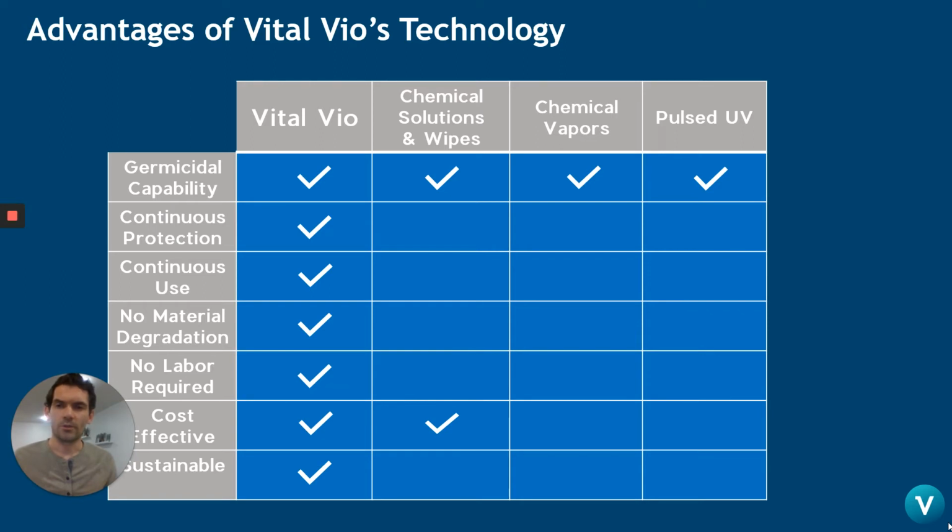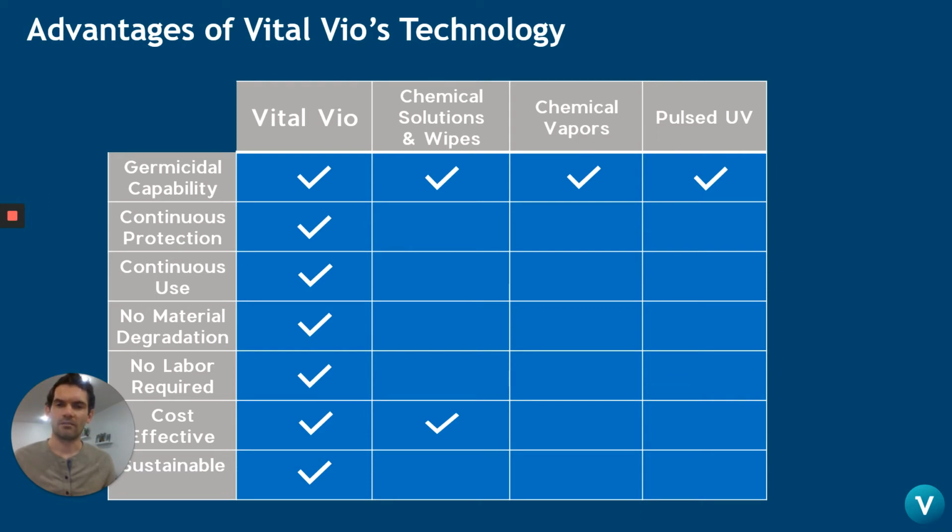Why is it important to have that continuous application? What you can see here is some differentiators between VitalVio and other common ways to clean environments. Chemical solutions and wipes are definitely the most common, so going in, washing, and wiping your surfaces when they need to be cleaned, that's certainly very affordable.